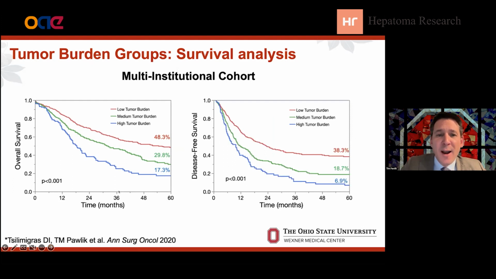And perhaps not surprisingly, those patients who have low tumor burden tend to do best with a 5-year survival of 50%. And perhaps even more interestingly, those patients with a high tumor burden have a 5-year survival of only about 15% and a disease-free survival of only about 7%.